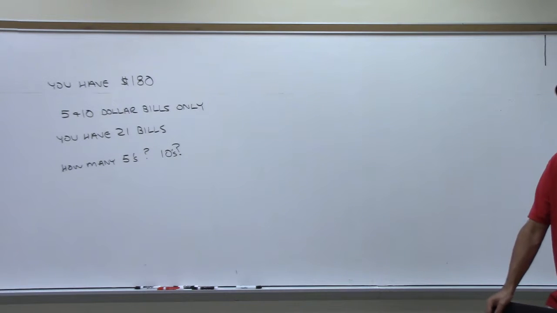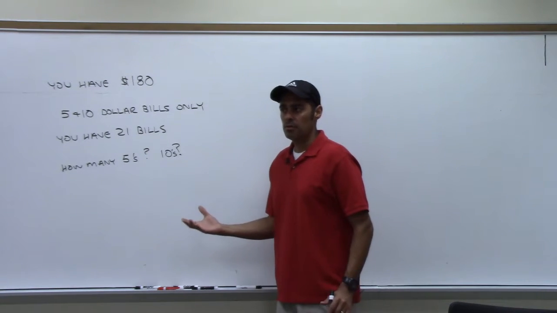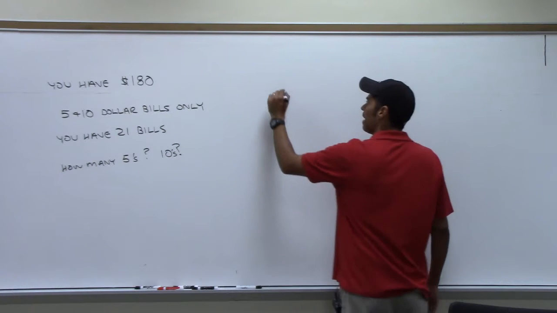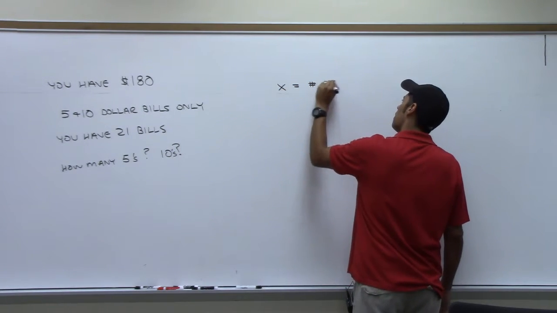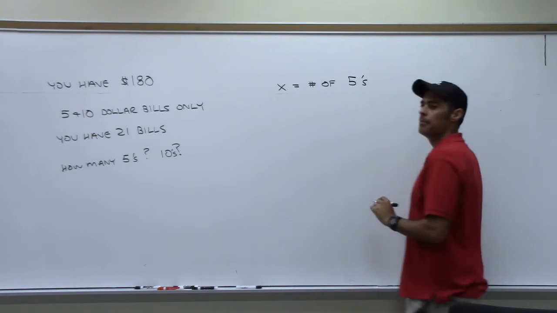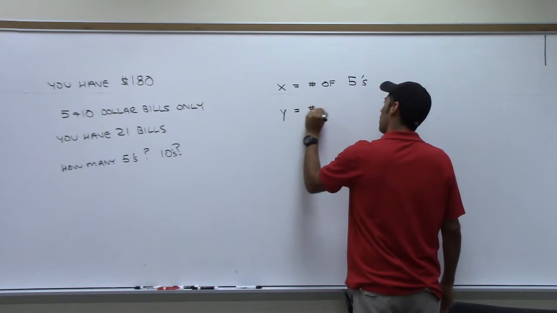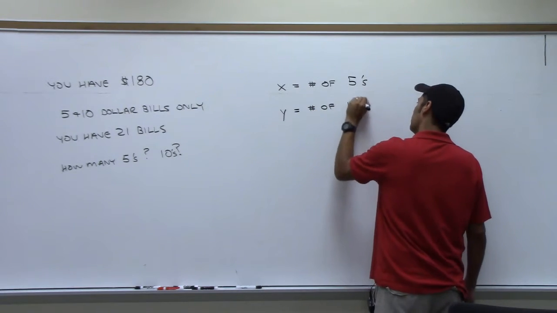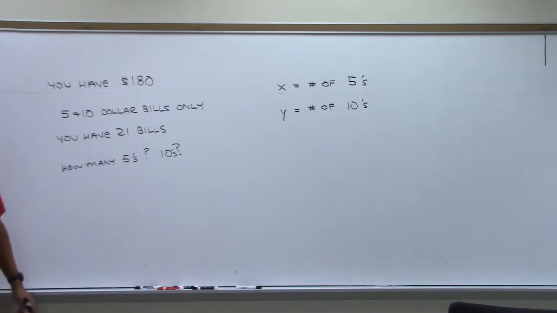Somehow, some way, this is a system of linear equations. So I'm going to first start by assigning variables, x and y. I'm going to let x be equal to the number of 5s we have, okay? I'm going to let y be the number of 10s we have. Do you all agree with me that all I need to figure out is what x is and what y is?